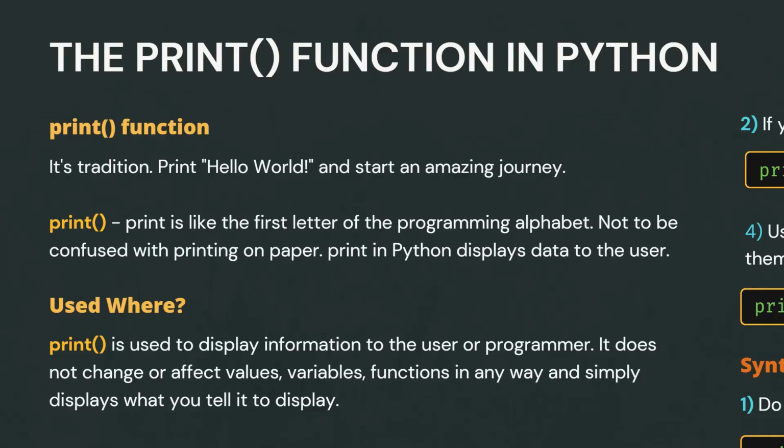All right, so what is print exactly? Think of print like your program's voice. It doesn't affect or change your variables or calculations. It just takes what you give it and displays it to the screen. So it's super useful when you want your code to talk to you or the user.